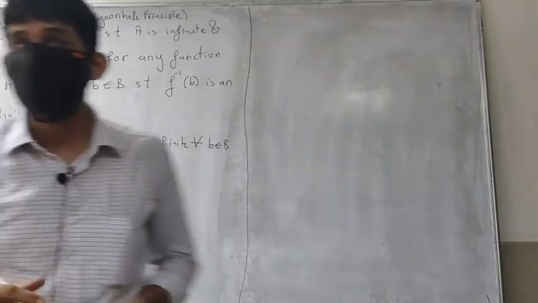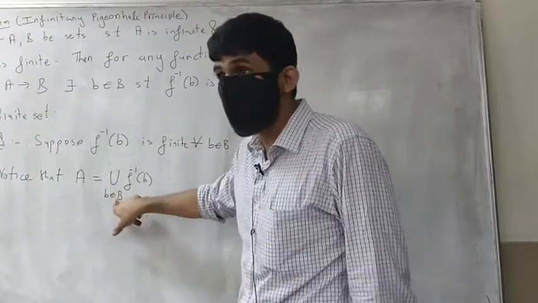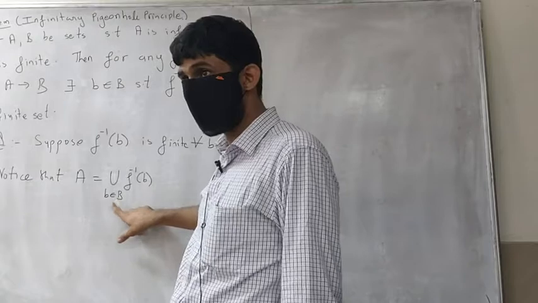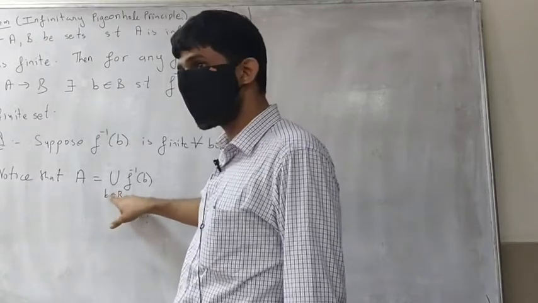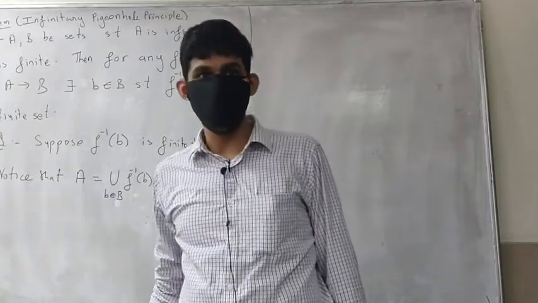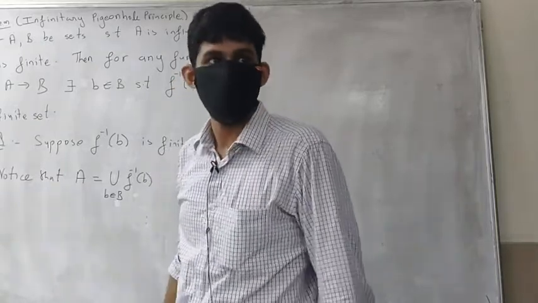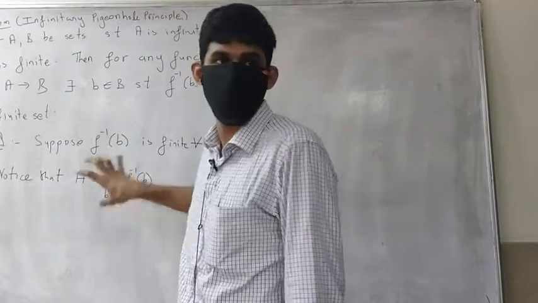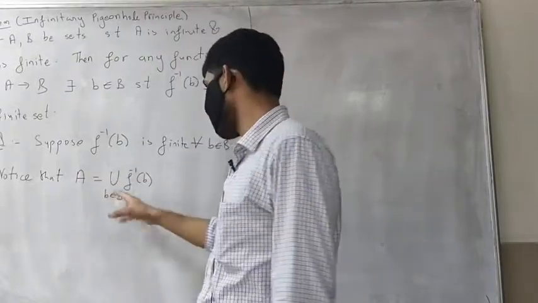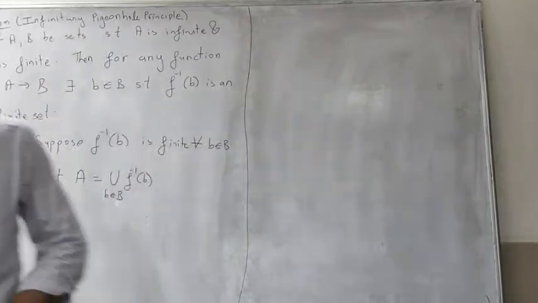But B is a finite set, so this is a finite collection. So this is a finite union of finite sets. We have studied in foundations that a finite union of finite sets is always going to be finite. So this will tell us that A is finite.